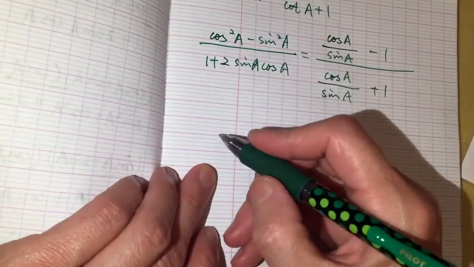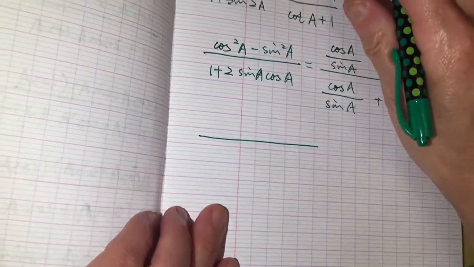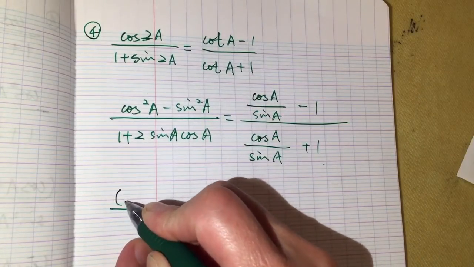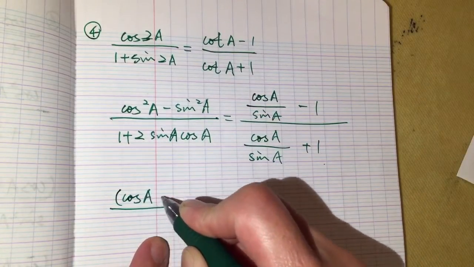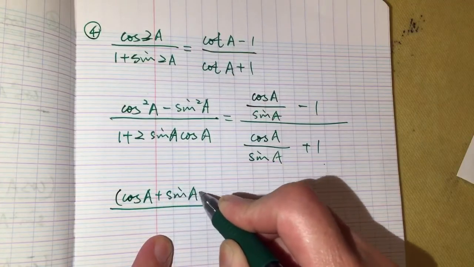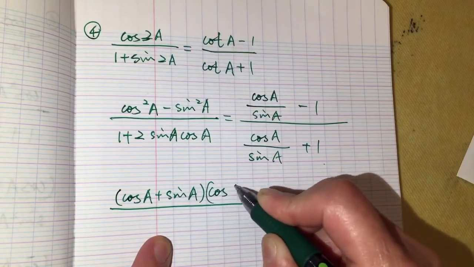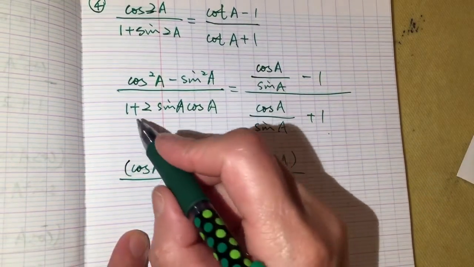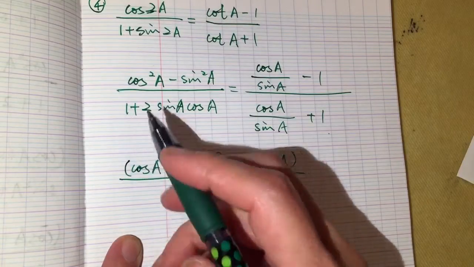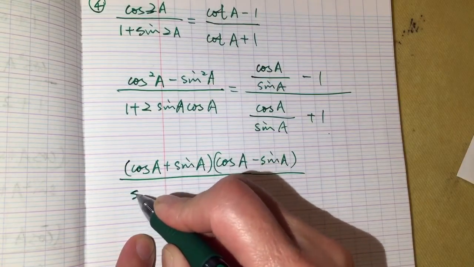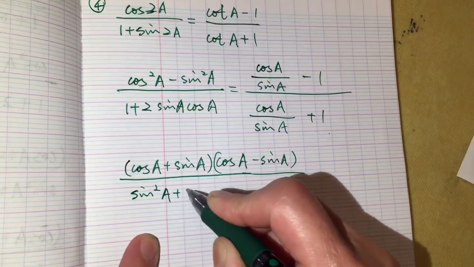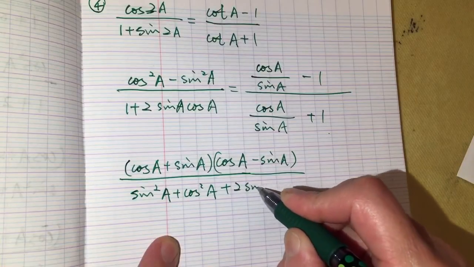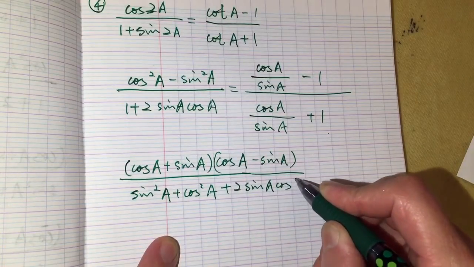Okay, now it's becoming quite clear. Cosine square a minus sine square a we can change into cosine a plus sine a times cosine a minus sine a. And this one, I will just write it down: sine square a plus cosine square a is 1, plus 2 sine a cosine a.